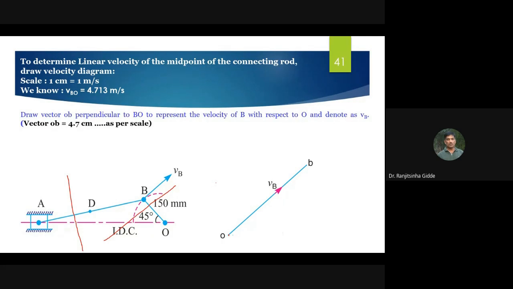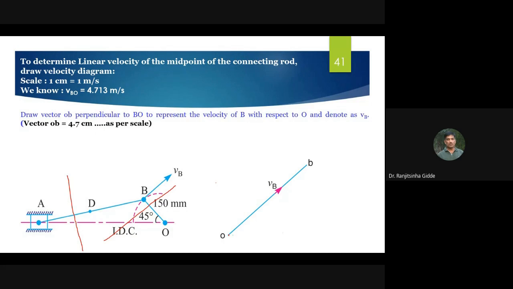So what is next step? Ajay, what is next step? Revannath, what is next step? Krishna, what is next step?